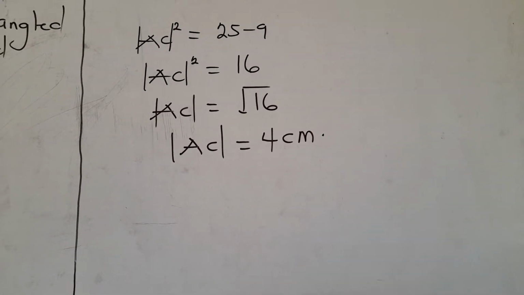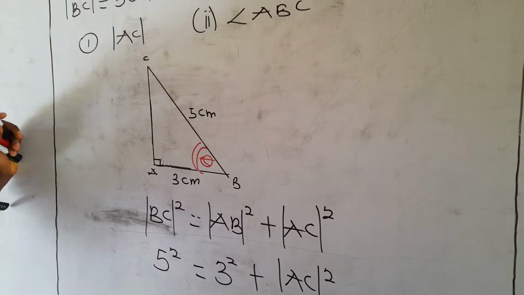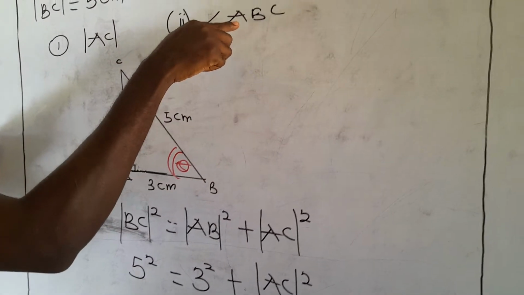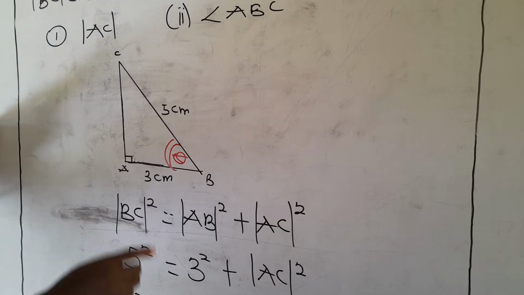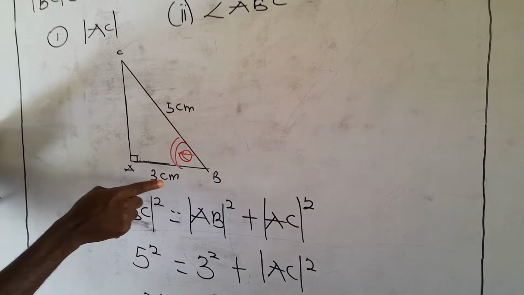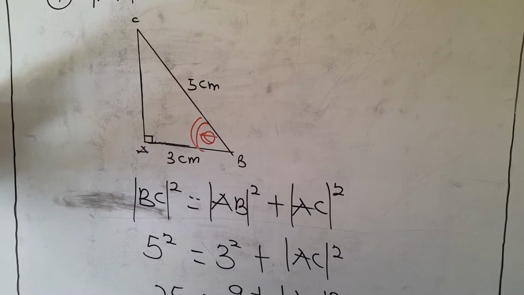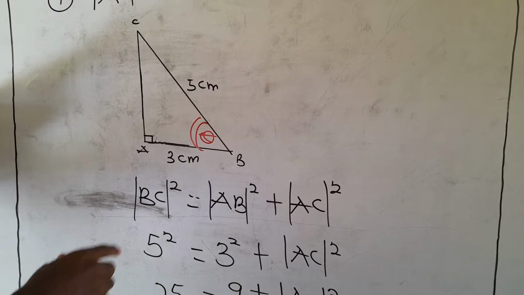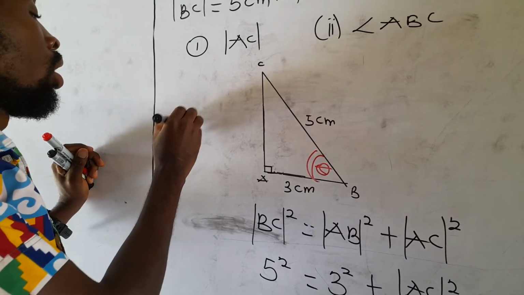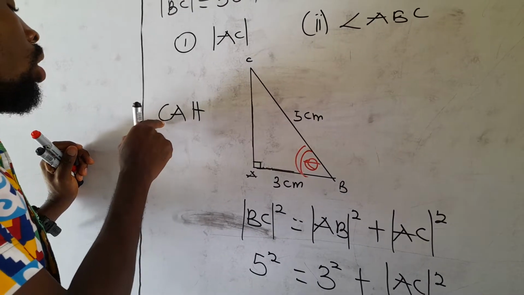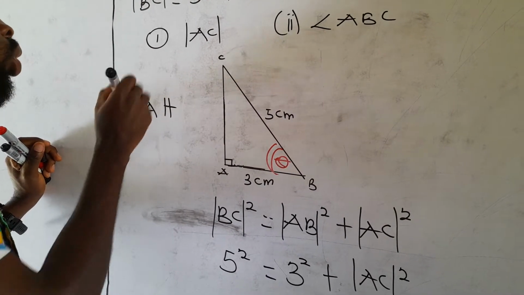So we can say the side AC is 4 centimeters. The next one is to find the angle ABC, the angle here. Look at this. This is the opposite and this is the adjacent. The hypotenuse and the adjacent are given to us. So which mnemonic are we going to use? That's CAH: cos is adjacent over hypotenuse.